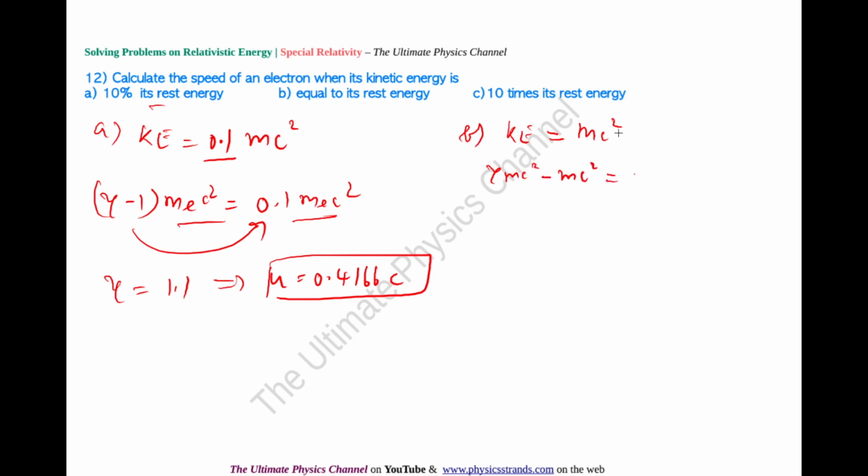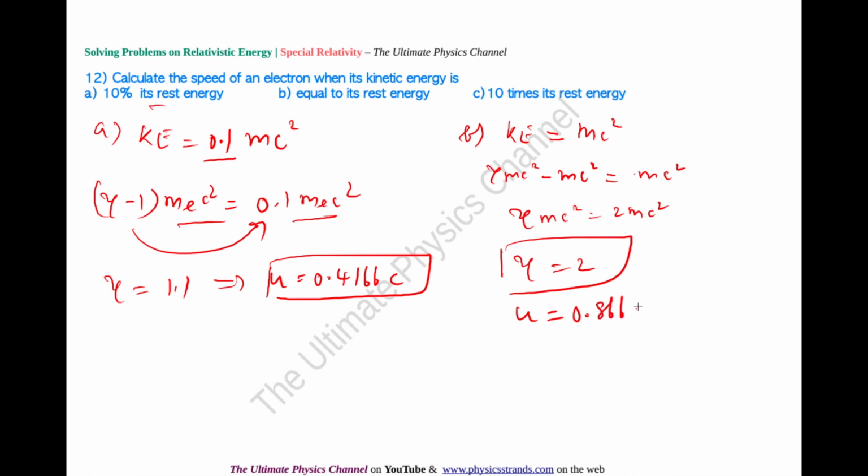That is equal to mc squared. Therefore, gamma mc squared is 2 mc squared. Therefore, gamma turns out to be 2. So if I work out the speed here also, I am getting nearly double this value, that is 0.866c. Right?